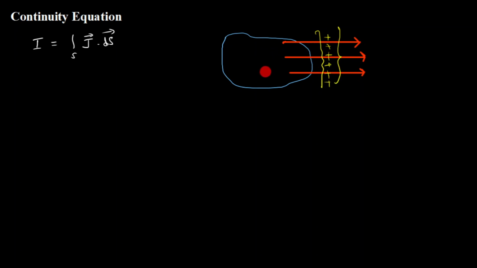That means these charges are not present here. So if you calculate the number of charges decreased inside this, then that should be equal to the number of charges which is now outside. Very simple, very straightforward.